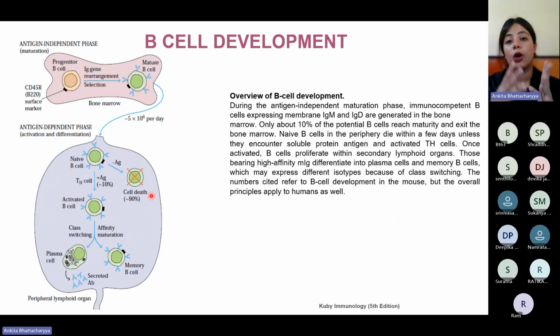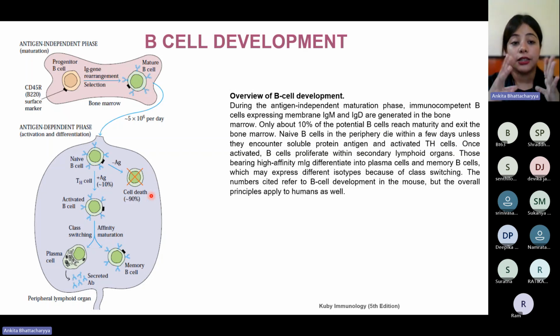Again, this highlights how important and how well prioritized the immune system is, and the amount of energy that is invested into making these cells and going through the process of gene segment rearrangement, giving them a specificity and then simply allowing them to die. That is because it's more beneficial for those cells to die and for those resources to be reutilized in a different direction rather than making more and more of those cells which are not specific.